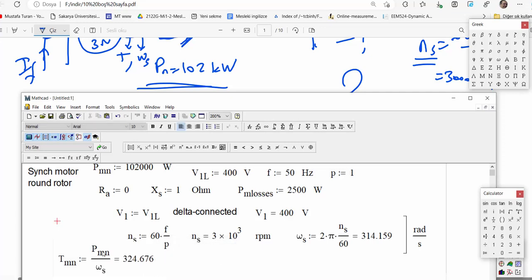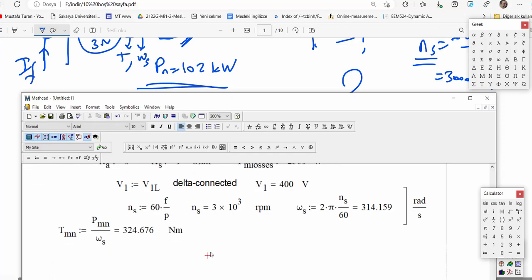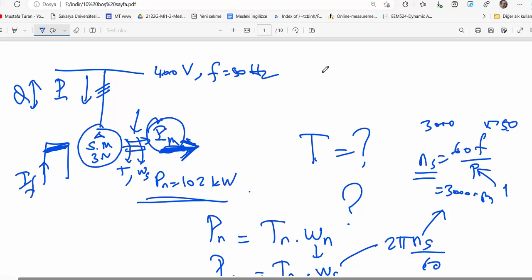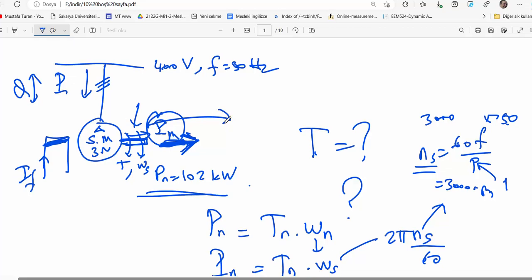As you see, 324 Newton meters. That is the rated torque produced on the shaft, or delivered to the load.